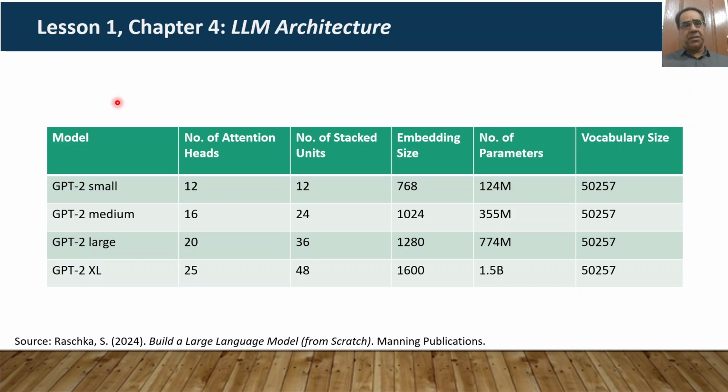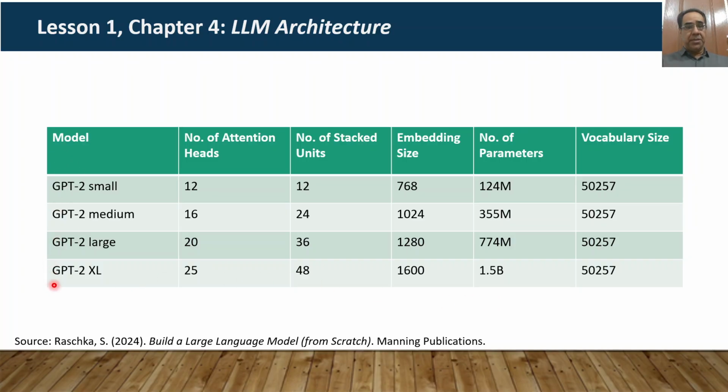GPT-3 is fundamentally the same in terms of model architecture, except it's scaled up from 1.5 billion parameters in GPT-2 to 175 billion parameters in GPT-3. And also it's trained on more data.